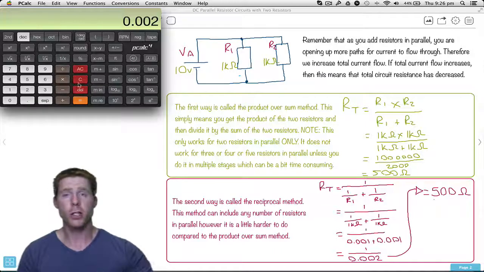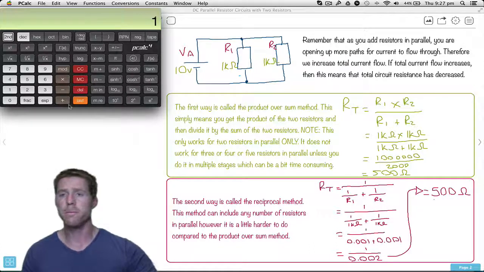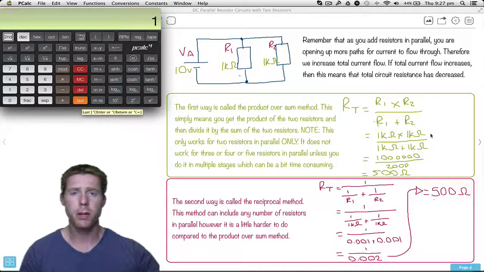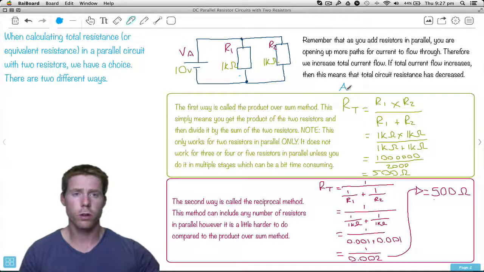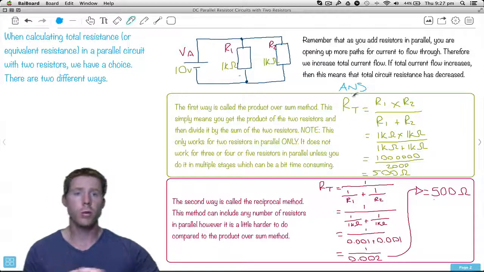Now most calculators you can do it this way. You can go 1 divided by, and if you push the shift or the second button like that, the equals key, so every time I press that it gives me another option for my equals key and for a lot of other buttons, but the equals key turns into a last. Sometimes some calculators have an ANS button, so it's got written on it ANS, or sometimes when you press the shift button the equals key becomes an ANS button.